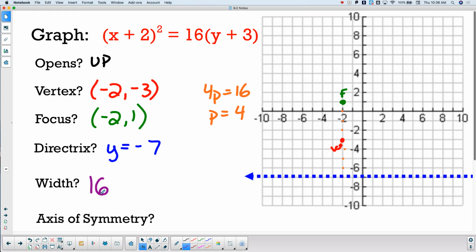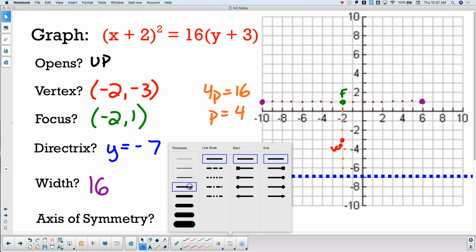No, they got to be equal, right? So what would equal them out? 8. Go 8 to the left and 8 to the right. 1, 2, 3, 4, 5, 6, 7, 8. Okay, that's going to allow me to draw it in.